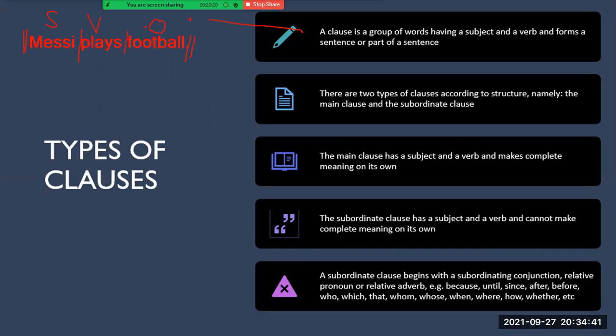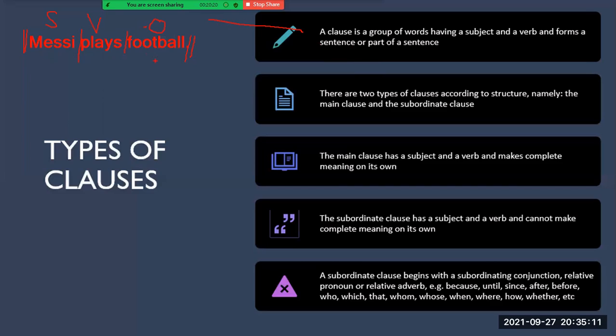So I am giving this illustration to give you a clearer view of our definition of a clause as a group of words having a subject and a verb and forming a sentence or part of a sentence. Now, for example, Messi plays football forms a complete sentence, which we identify as a simple sentence.